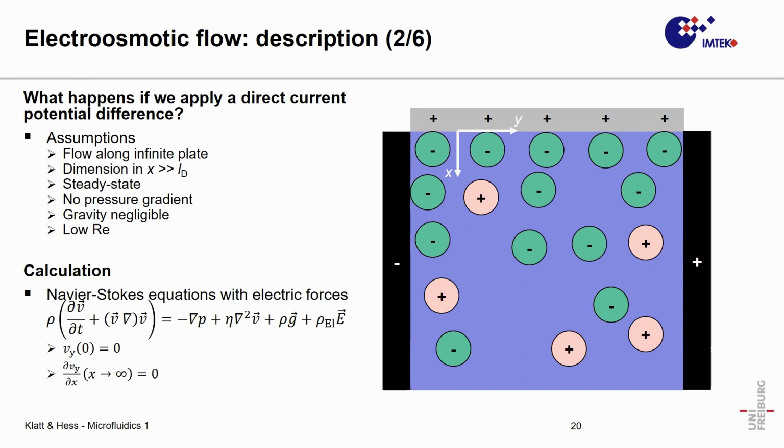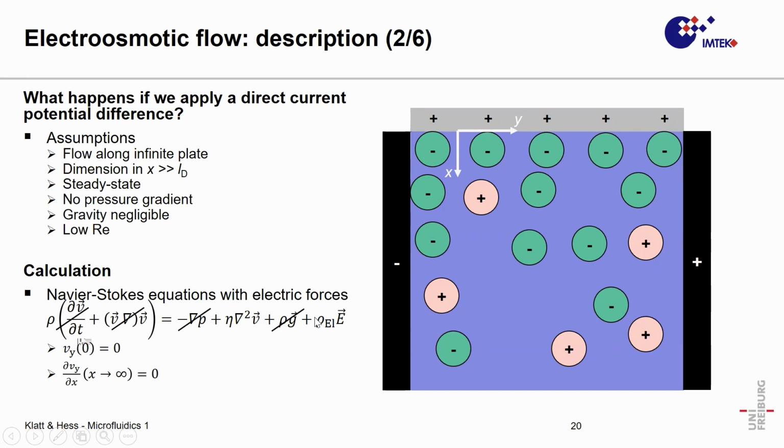Thanks to the assumptions that we made, we can simplify our Navier-Stokes equation. So there are no volume forces. There is no pressure gradient, and we only consider a flow at low Reynolds numbers without any temporal change. And this leaves us with two terms.